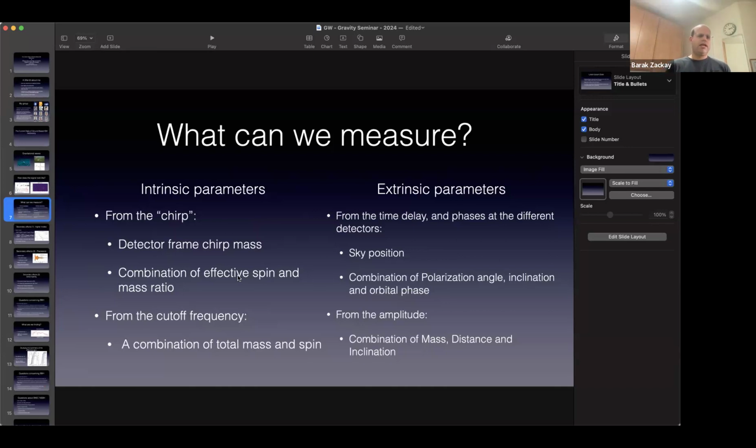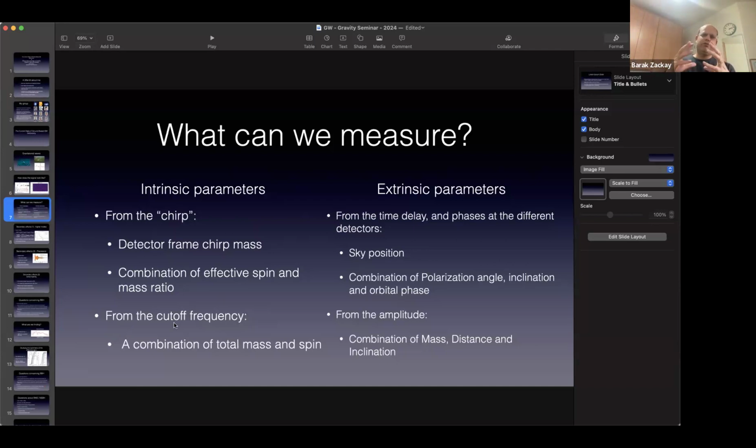Okay. Thanks. There's another parameter that you can measure, which is the cutoff frequency. So when the two stars hit each other, you can then think of it as one black hole that is just disturbed. And this black hole that is disturbed is going to ring down.